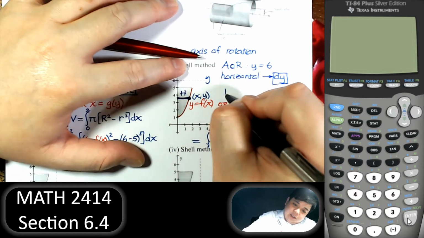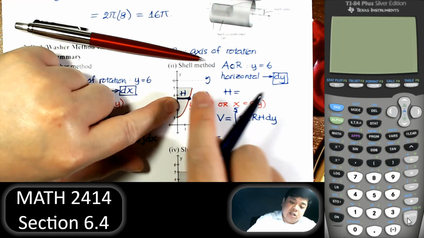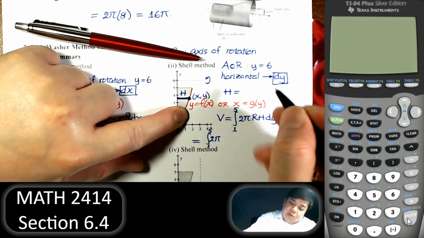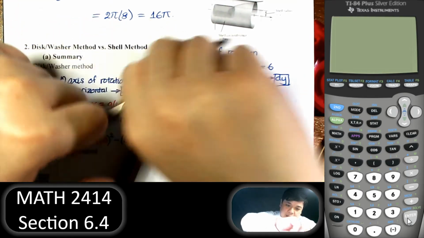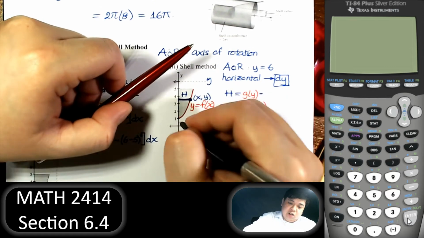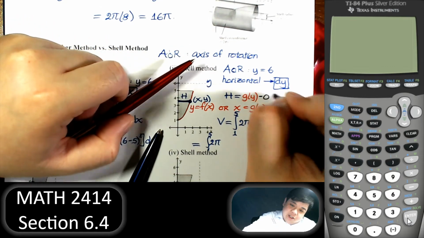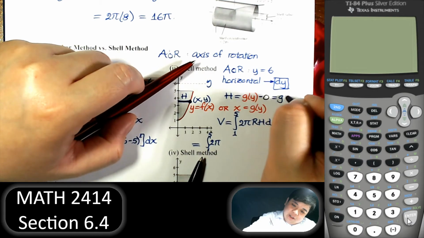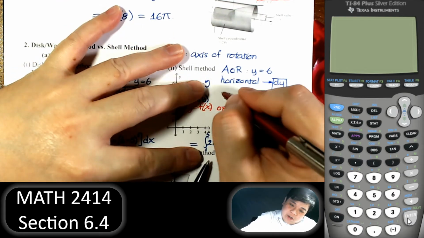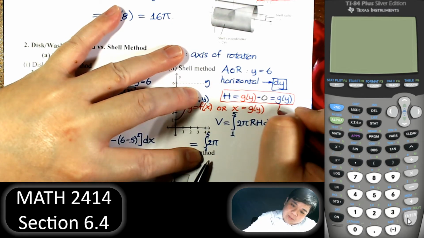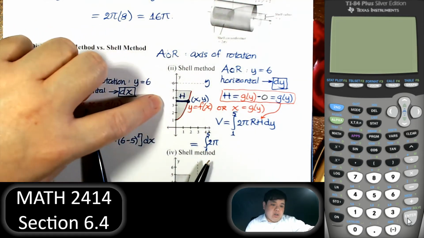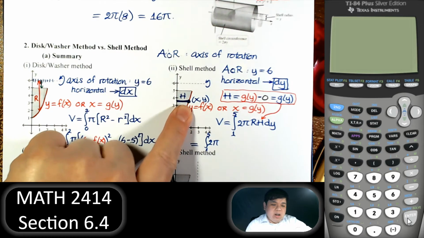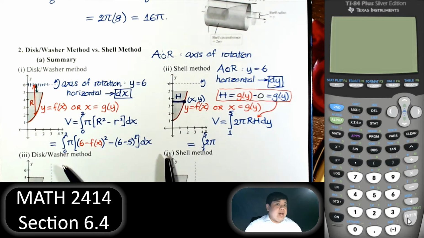The function on the right, in terms of y, will be g of y. Subtract the function on the left, which is 0. So the height is g of y. On that line, just put a point anywhere along the height, and let that coordinate be x and y.